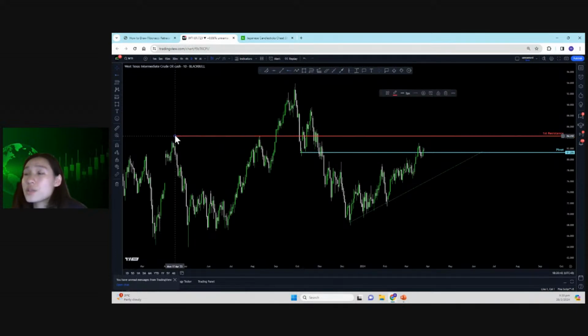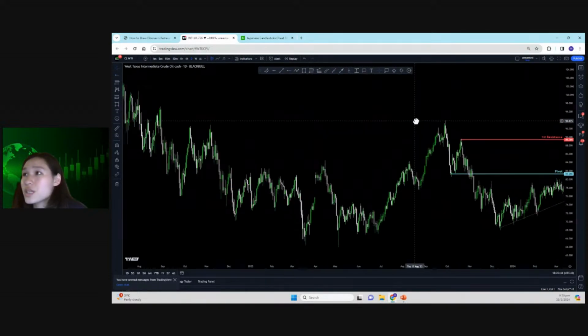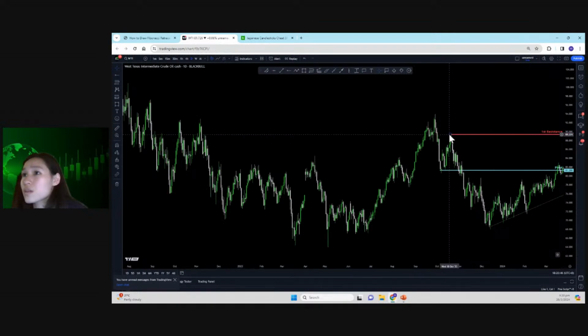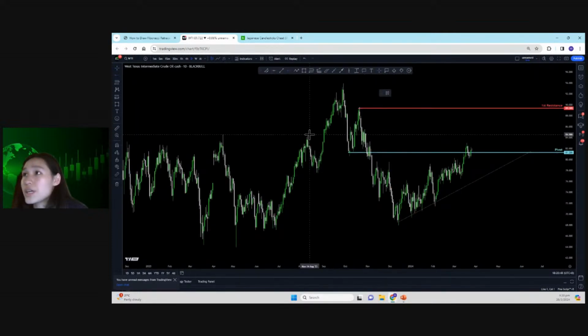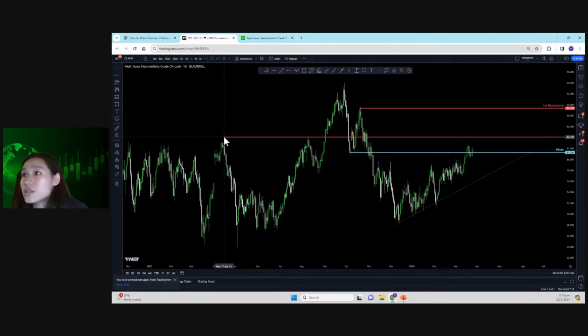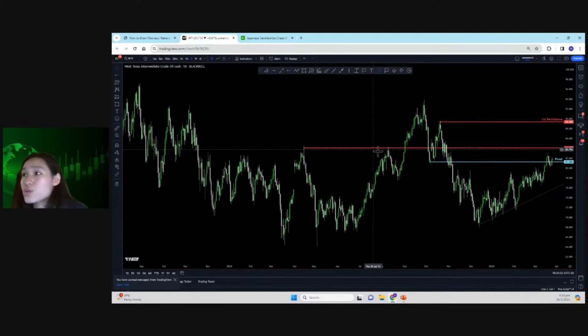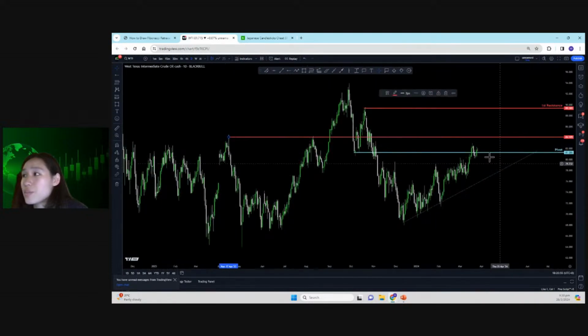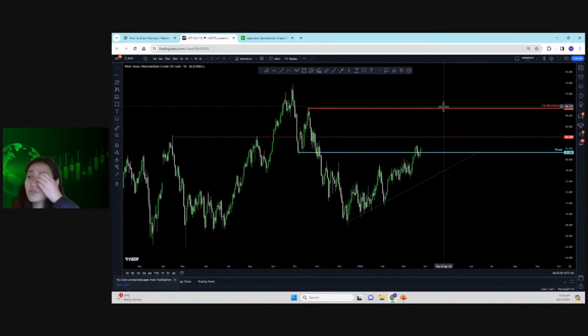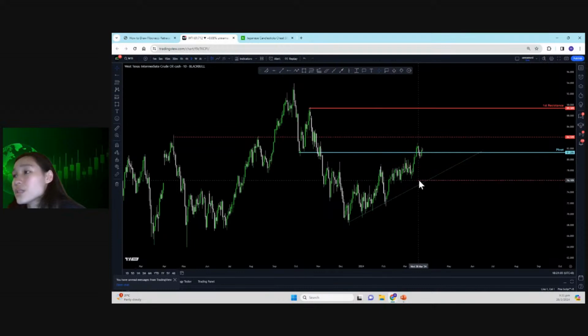Okay, I'm just gonna label my first resistance up here instead. And my intermediate level over here, because we have two swing highs here, and price looks like it's pretty close to it. Okay, and for our support, I'm gonna place it just below here.